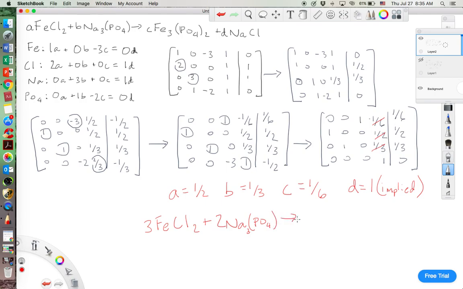That made it easier to do our balance equation. 1/6 times 6 is 1, so we don't need to write the coefficient. Fe3, PO4, 2, and then finally D was 1 implied times 6 is 6 NaCl. And so we can use matrices now to solve chemical balance equations.